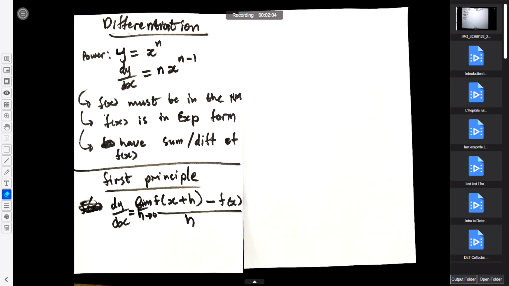So this is the rule that you need to use when you do differentiation.